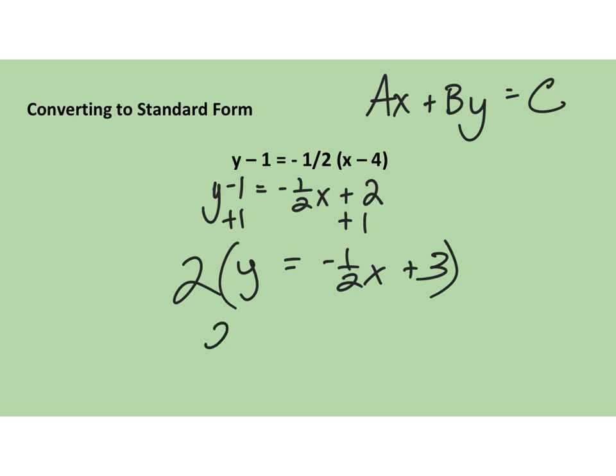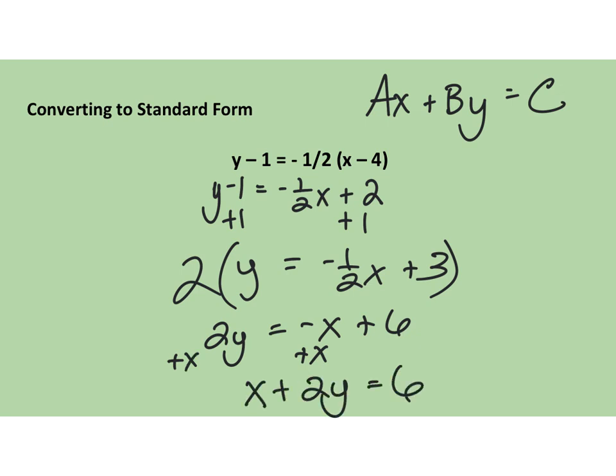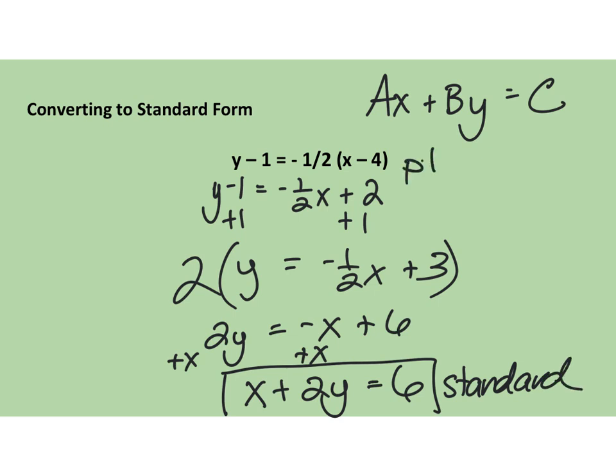So then that leaves me with 2y equals -x plus 6. Now all I have to do is add the x on both sides. So now I have x plus 2y equals 6. And again, that's our standard form. And the first one was point slope.